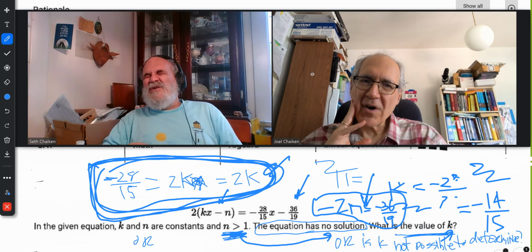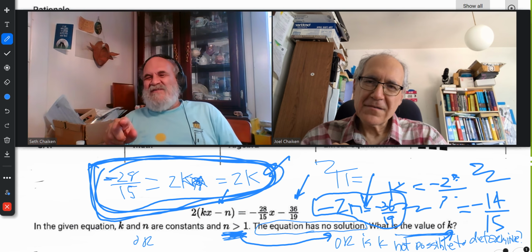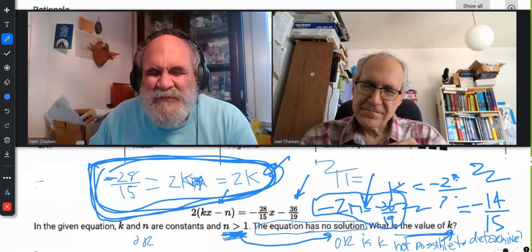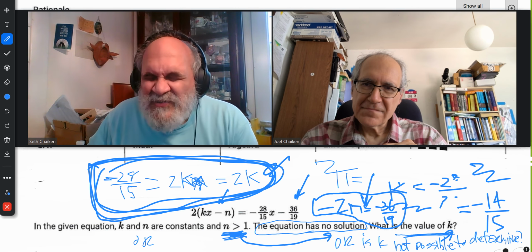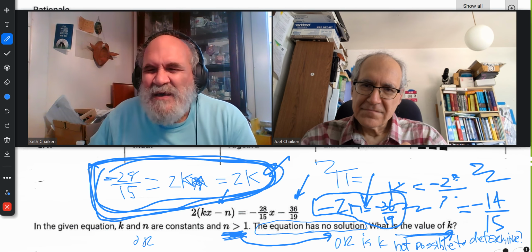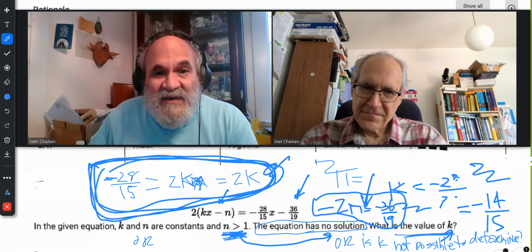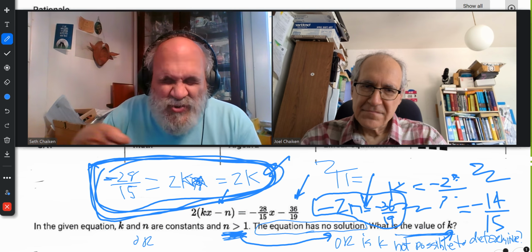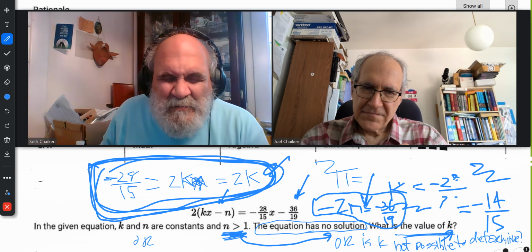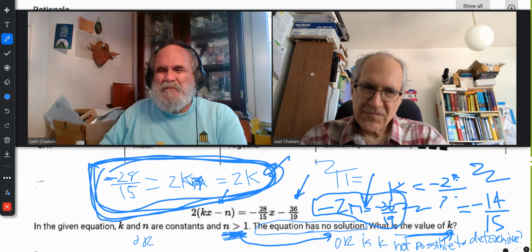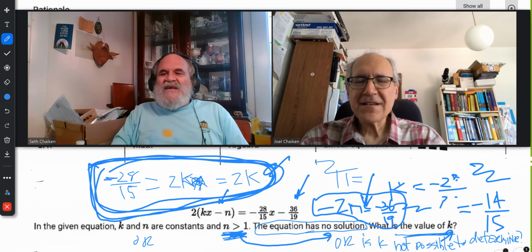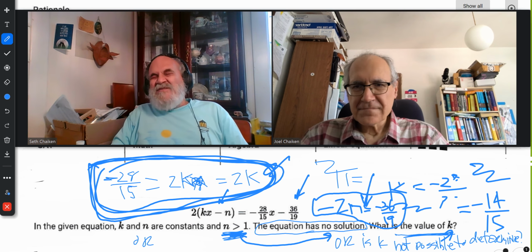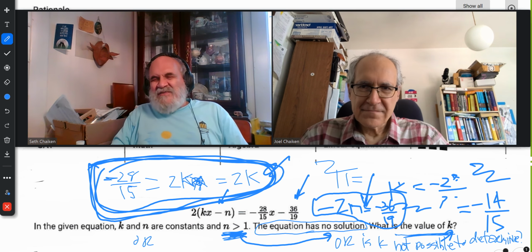One conclusion is that k is negative 14/15, and the second conclusion is that n is not equal to positive 18/19.